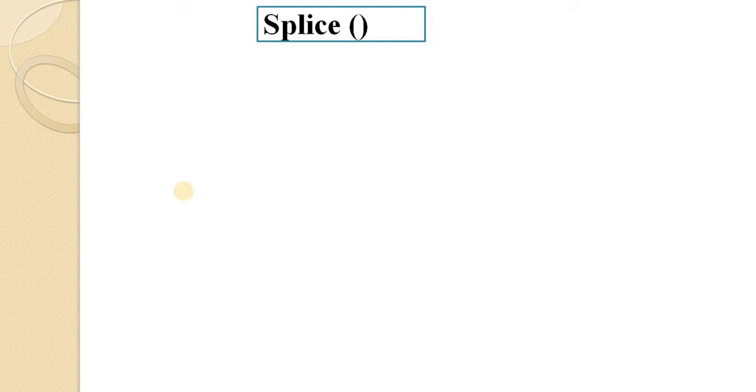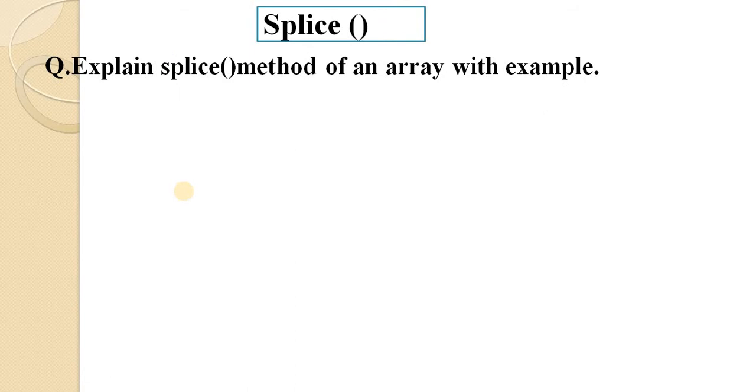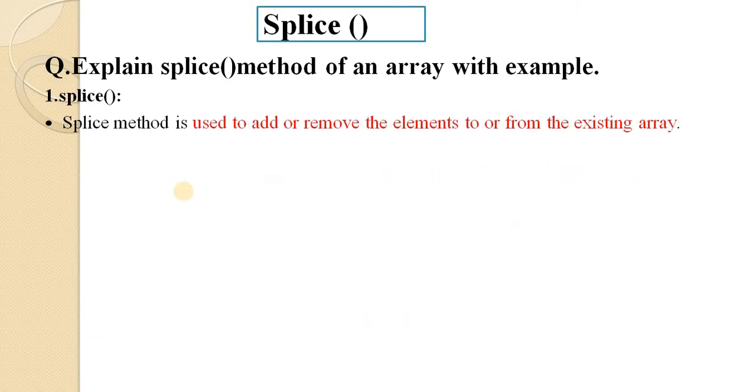Let us see the theory of the splice method. Question: explain the splice method of an array with example. Answer: first of all, the splice method is used to add or remove elements to or from the existing array.